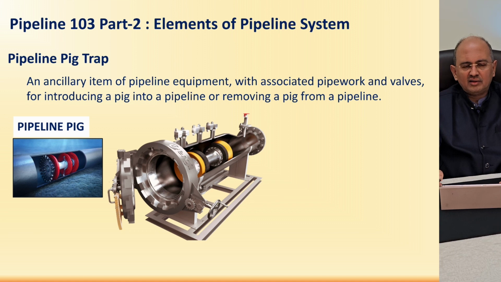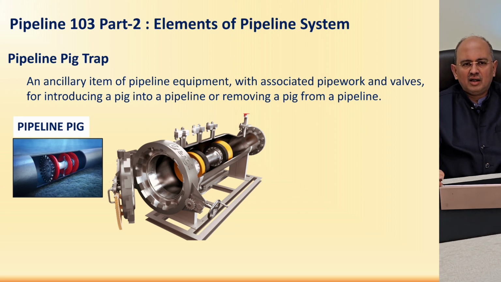The pig has discs and cups because it has to get a proper interference fit in the pipeline, such that the upstream and downstream pressure difference can be exerted across the pig, and because of that only the pig is going to travel.